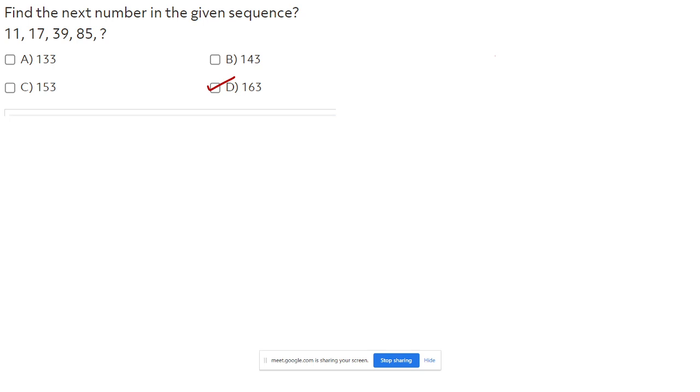Try to think of the pattern to get the answer 163 which Riddhi ji has got. It is 11, 17, 39, 85. The next number should be what?